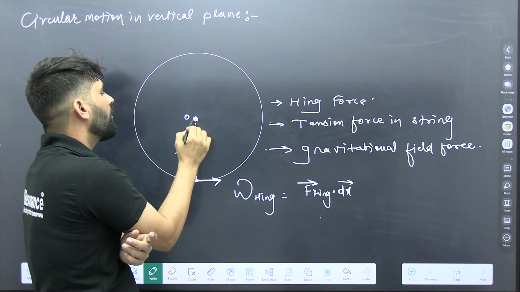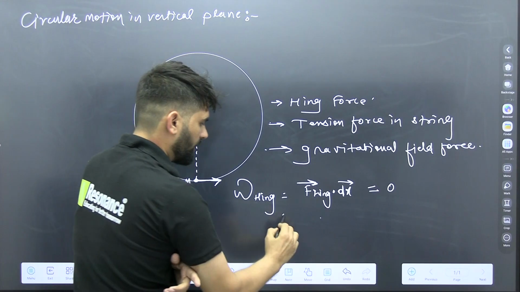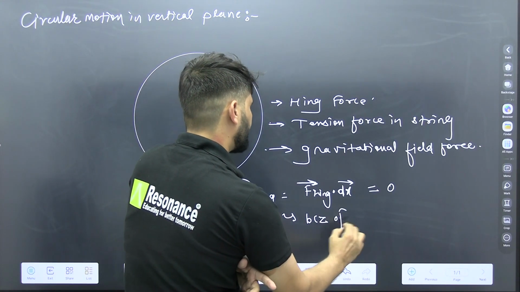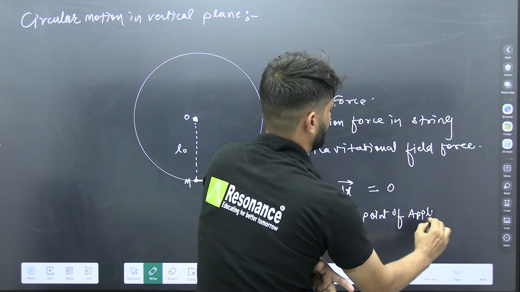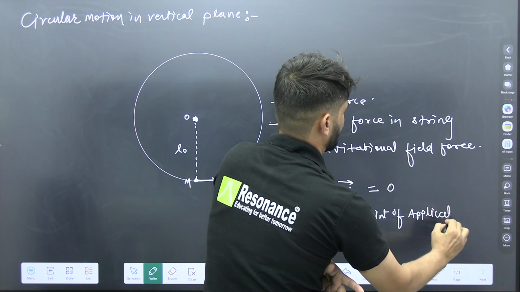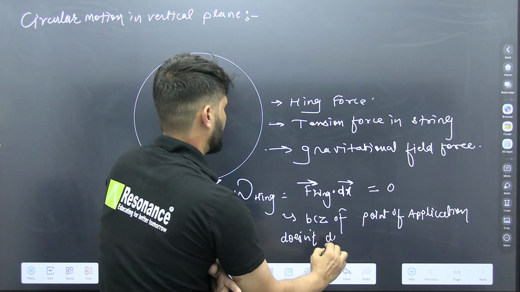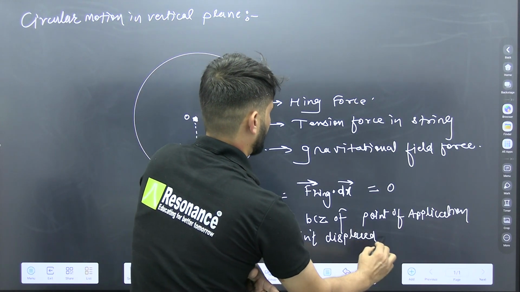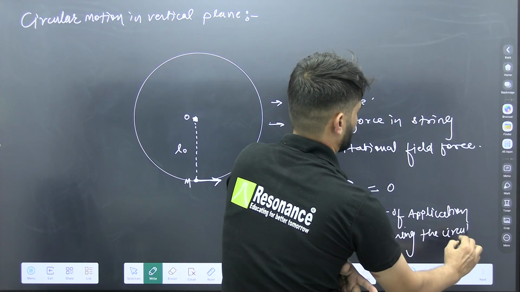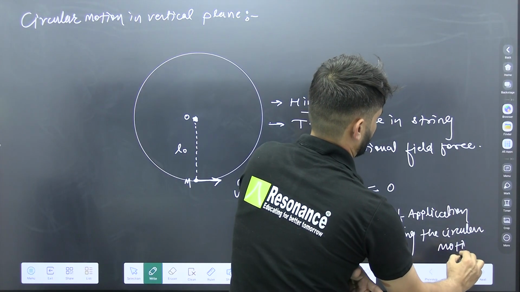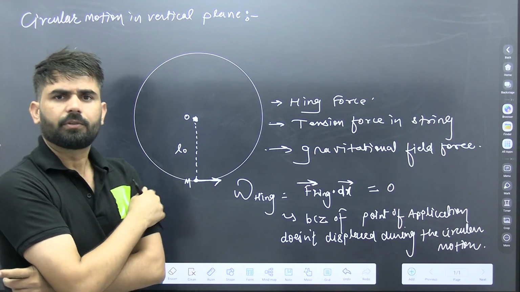That means the work done by the hinge force is zero, because the point of application doesn't get displaced during the circular motion. So first of all, the work done by the hinge force is zero.